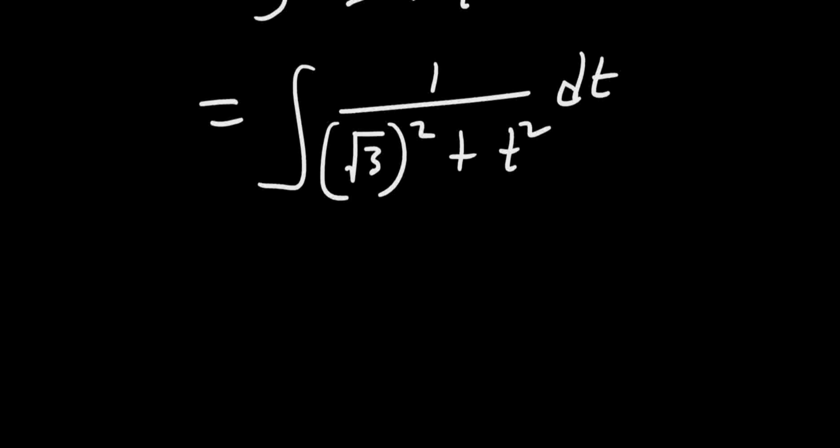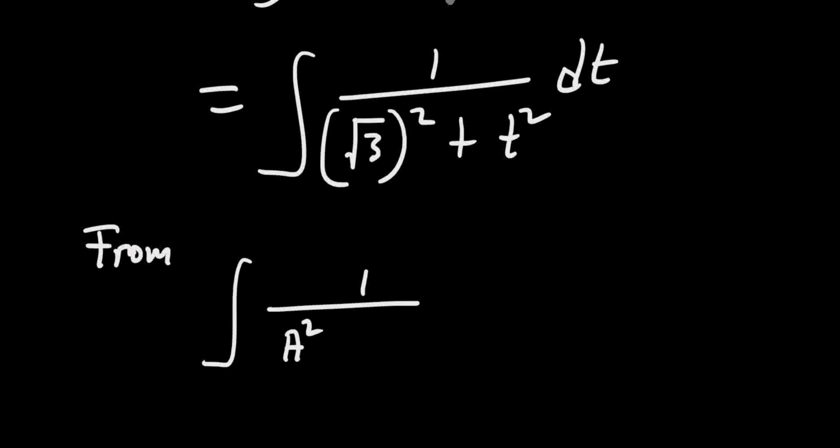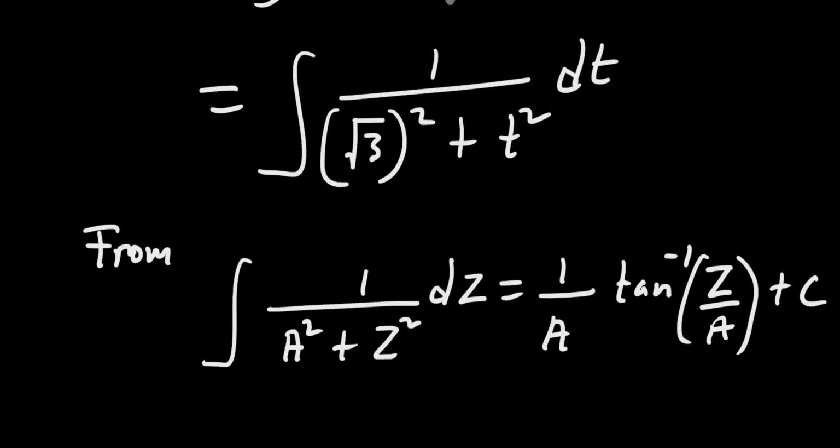So now from the integral 1 over a squared plus z squared dz, equal to 1 over a, arctan of z over a, plus c.